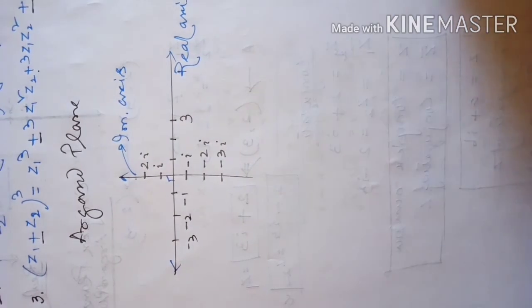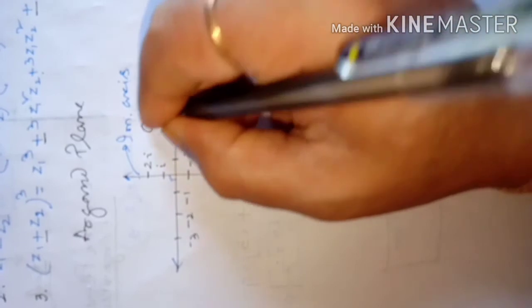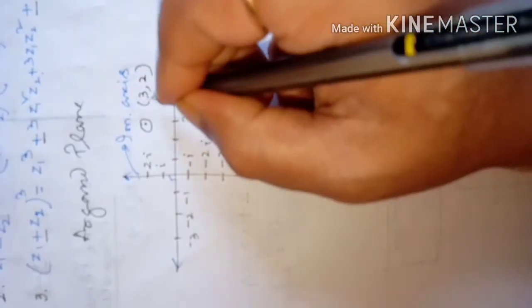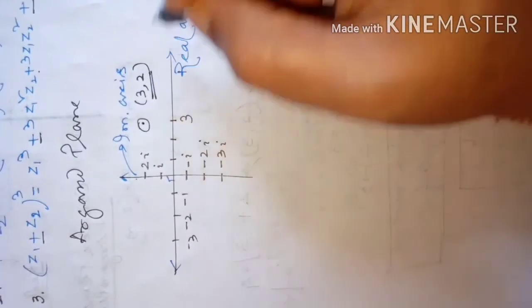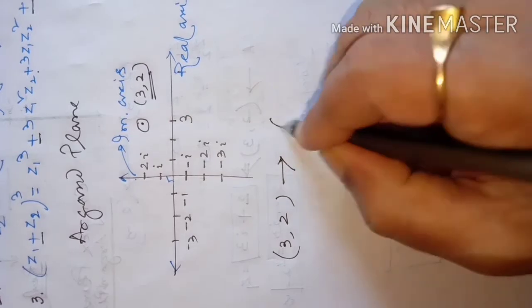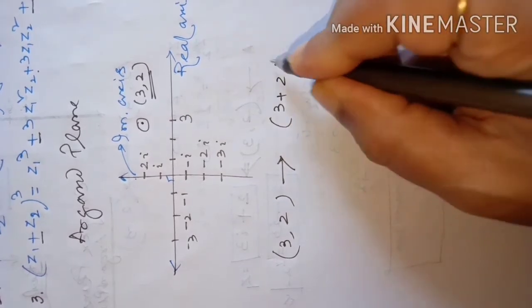When you plot a number in a complex plane, suppose you have plotted a number here, which is (3, 2). It is associated with this ordered pair (3, 2). Actually, this (3, 2) can represent which complex number? 3 plus 2 iota.